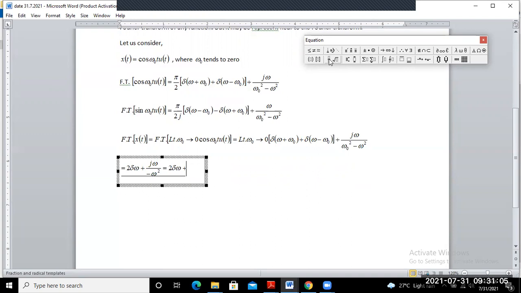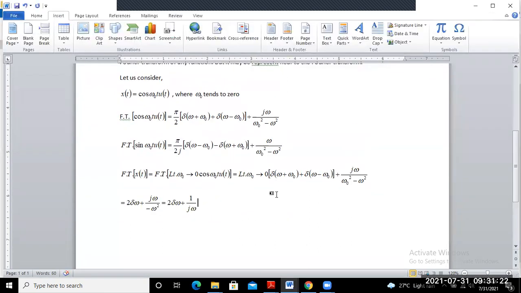Is it not? So this is the Fourier transform of the step input, near, not exactly, but near to the Fourier transform of the unit step function. Okay.